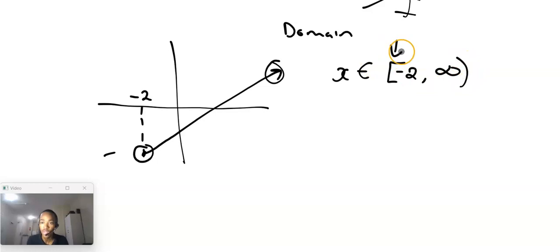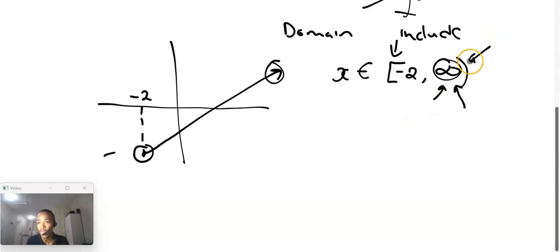Notice how I use these parentheses. So this means that we are including the -2 in our function. Then of course here I'm using these brackets. Why? Because we do not know what the value of infinity is, right? We do not know, so meaning we use this bracket here. But if we know, in this case we know that the function starts at -2, so we can use this parentheses here, right?